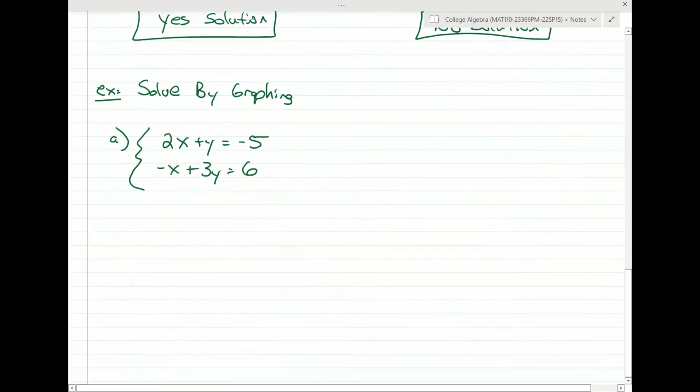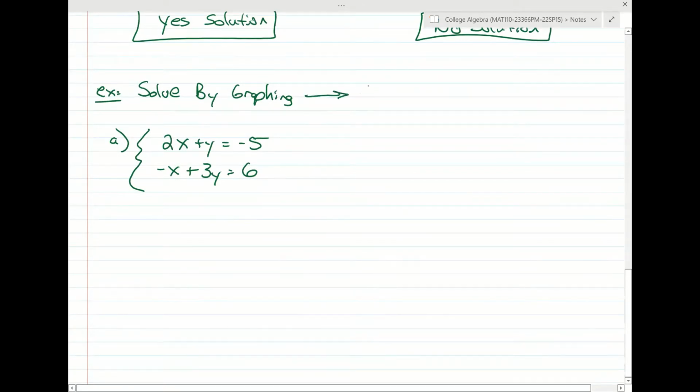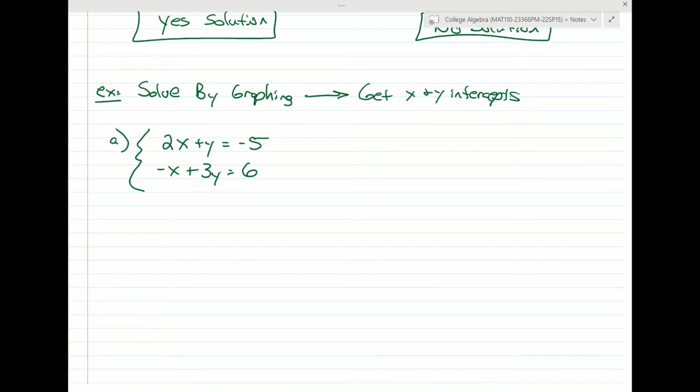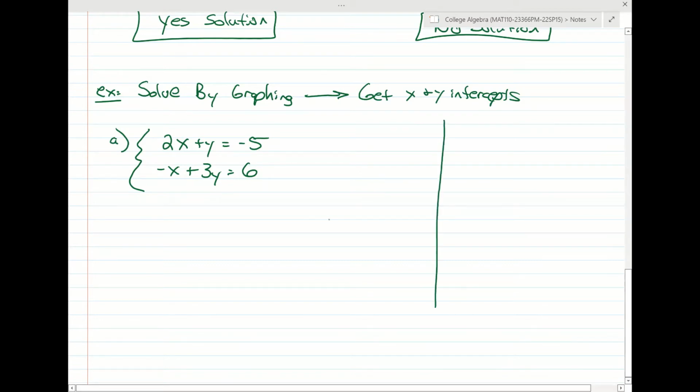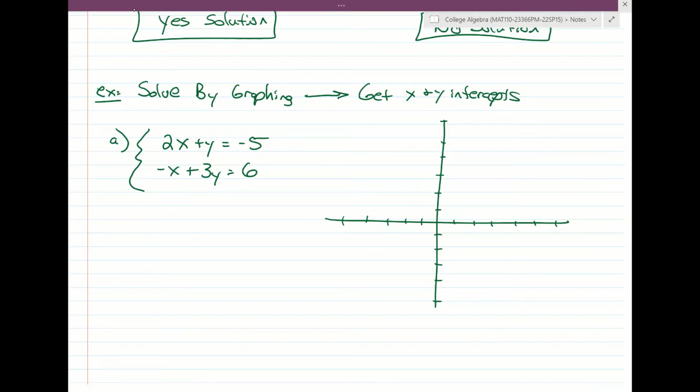So the way that we solve by graphing is we just get the x and y intercepts. So what I'll do is I'll show you what this looks like. I'm going to go 6 units in each direction. And we talked about how to get the x and y intercepts before the last exam.